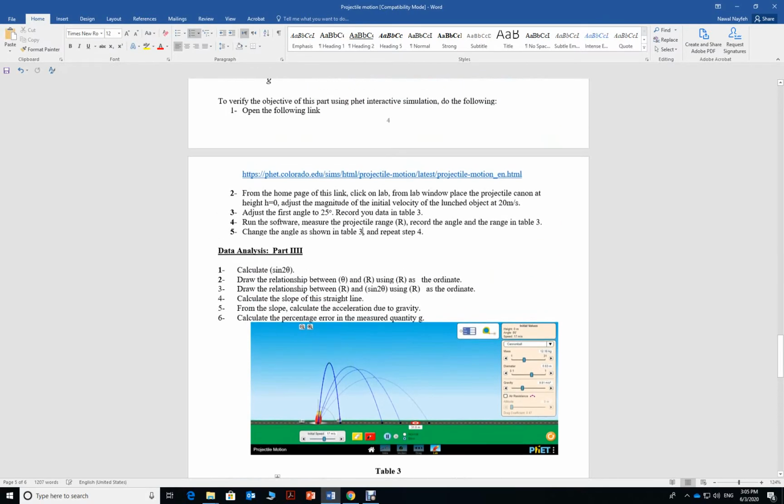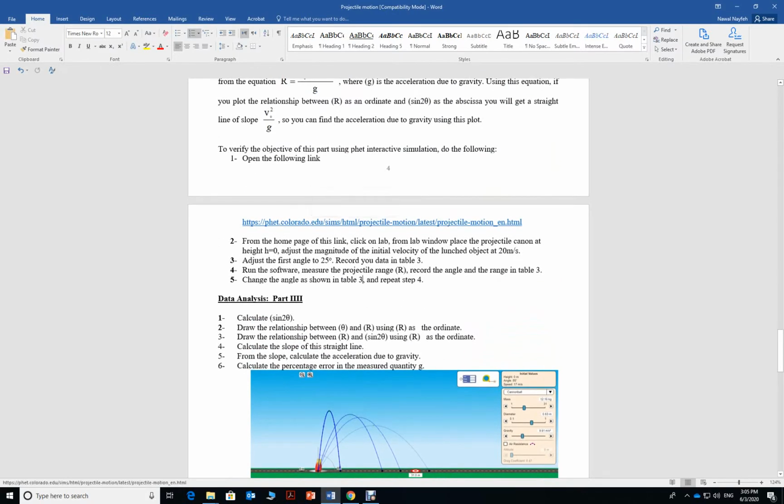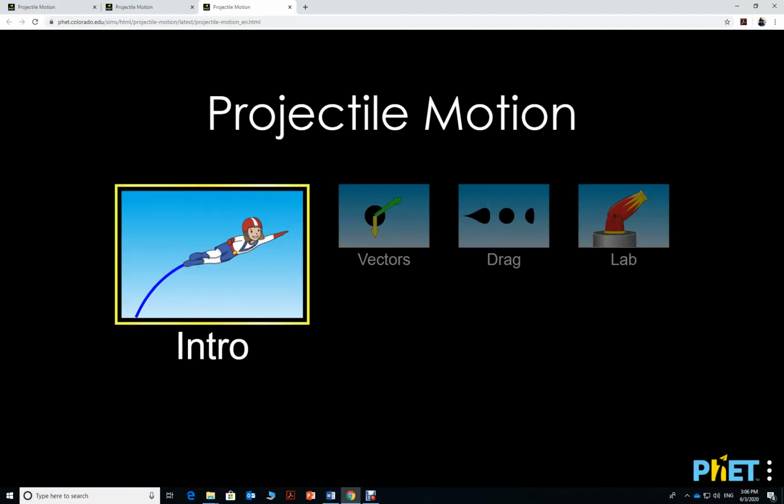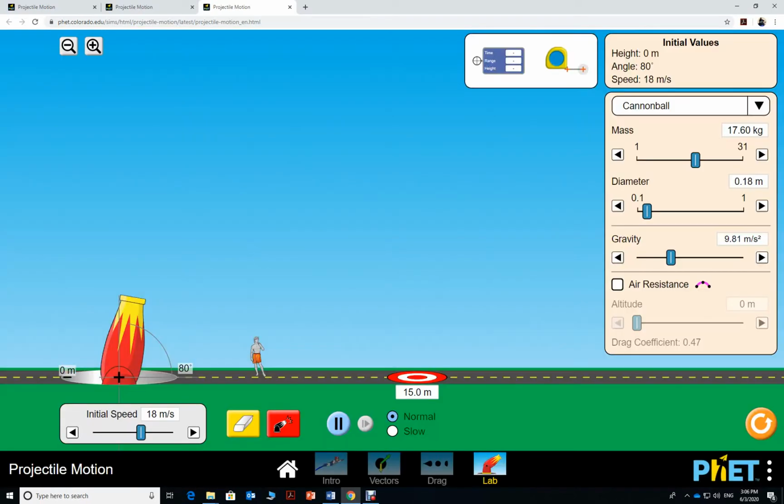So I'll go and follow this link again. Control click, you will get the window, the PhET window, and then click on Lab. Double click on Lab.